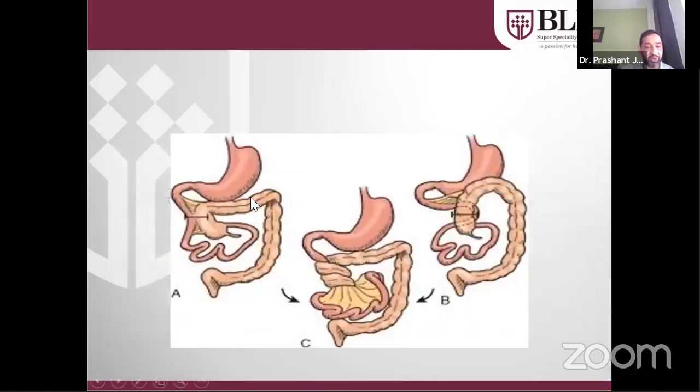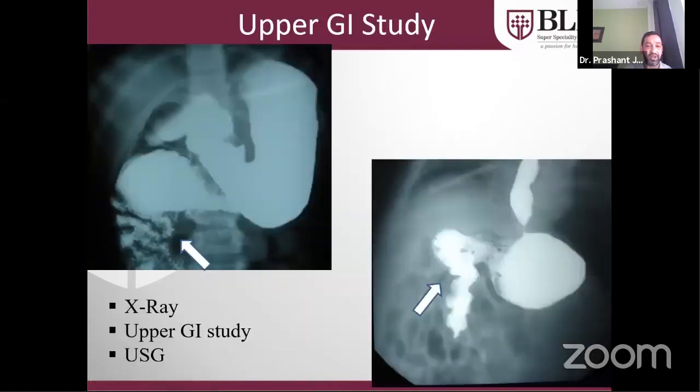So whenever there is a malrotation, the DJ junction will be lying on the right side, and the IC junction will be lying just to the left of this. It will form a very short mesentery, and because of this short mesentery, the gut tends to get volvulated, causing midgut volvulus.